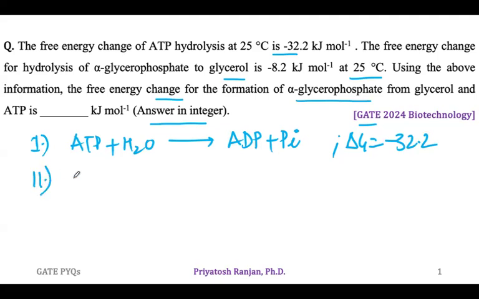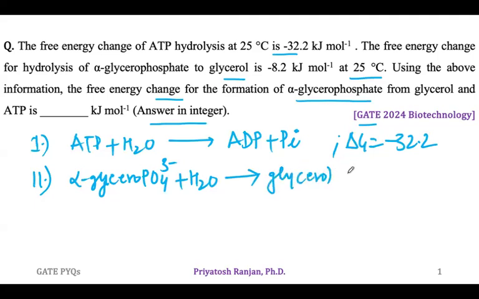The second reaction is hydrolysis of alpha-glycerophosphate, and it's also a hydrolysis reaction. And the free energy change for this reaction, delta G value, is minus 8.2, both in kilojoule per mole.